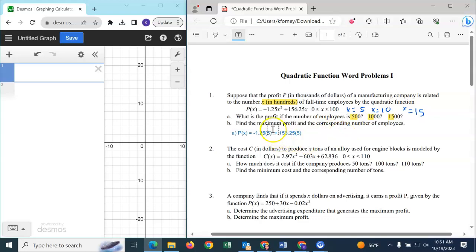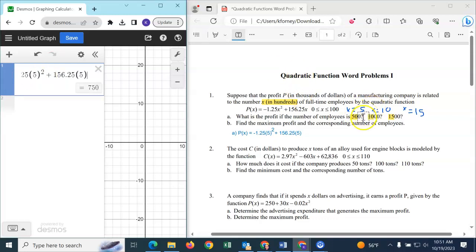And so now I'm also going to put my squared so that it's part of the problem. And you can put this into Desmos. So you can say negative 1 1/4 times 5 squared plus 156 1/4 times 5.